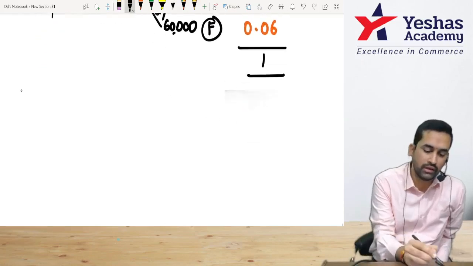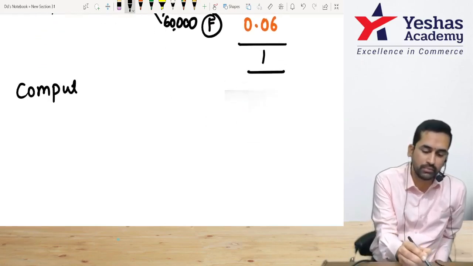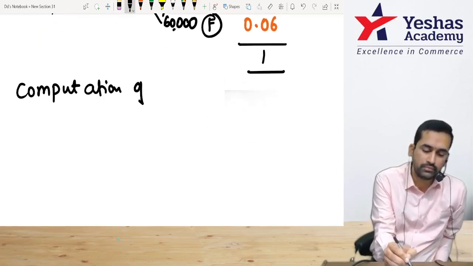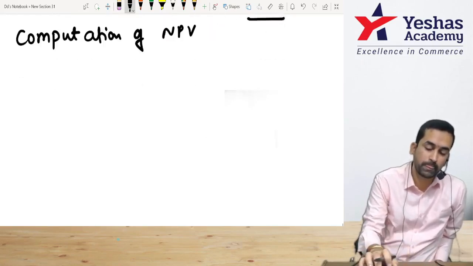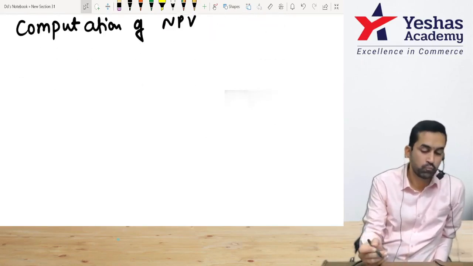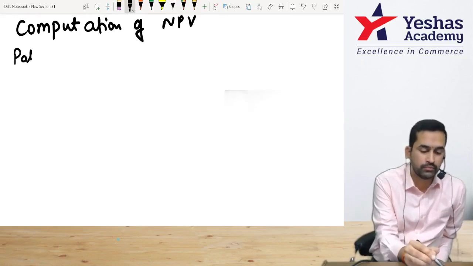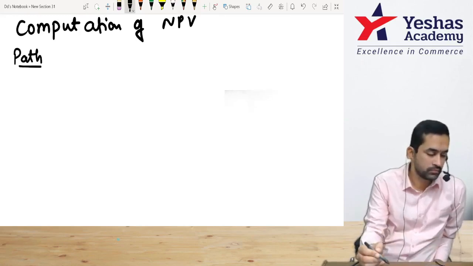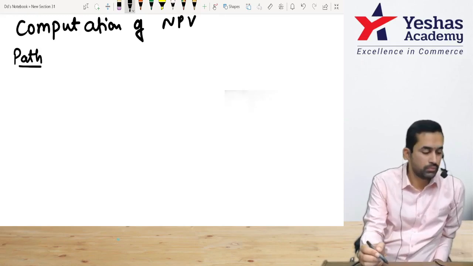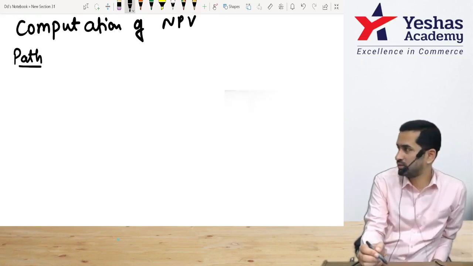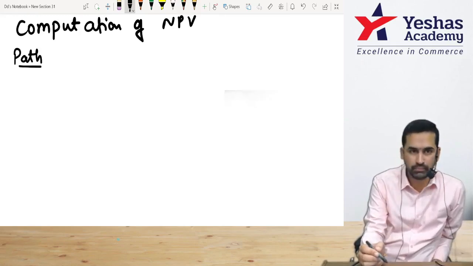Now the main answer, computation of NPV. Make 4 columns. First one is smaller, path.